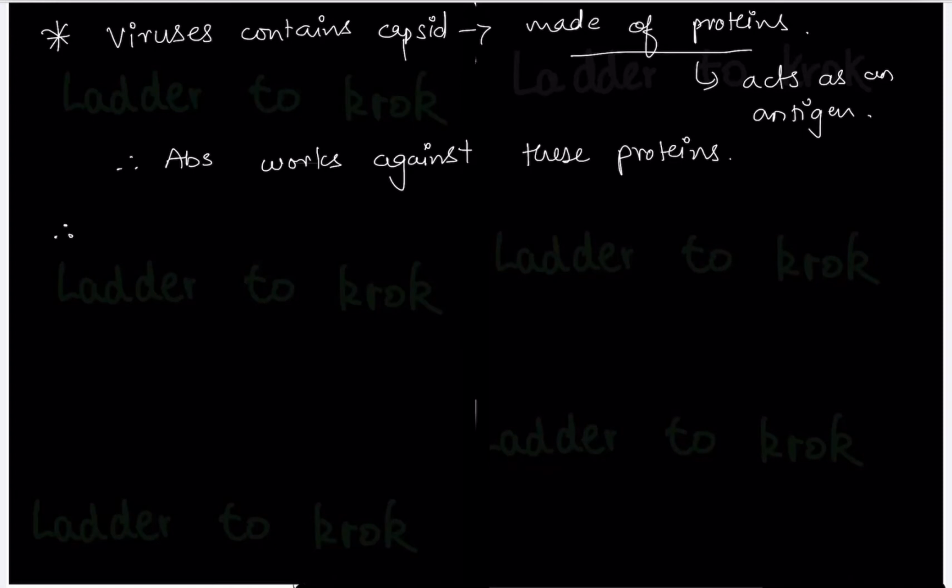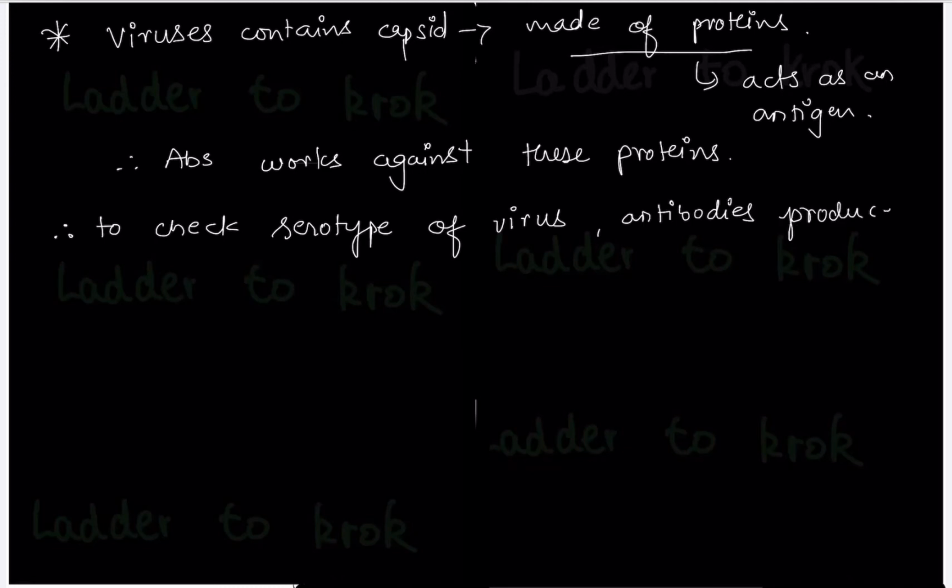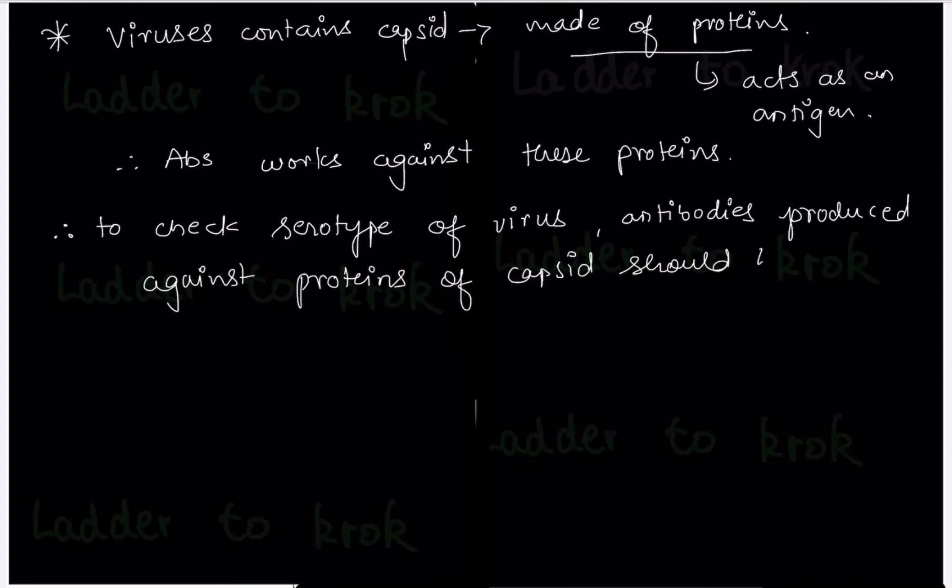Therefore, if we want to check the serotype of viruses, then antibodies produced against proteins of the capsid should be used, because different antibodies will be produced against different capsid proteins. So we can use the antibodies produced against the proteins of the capsid to check for different serotypes of viruses.